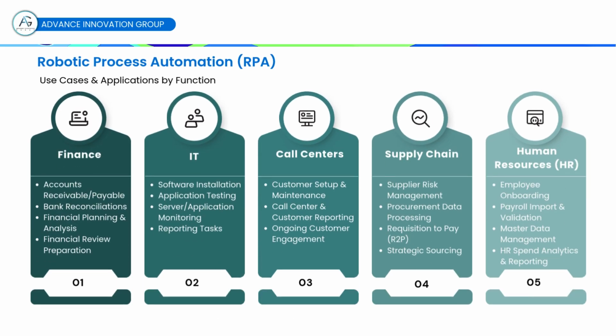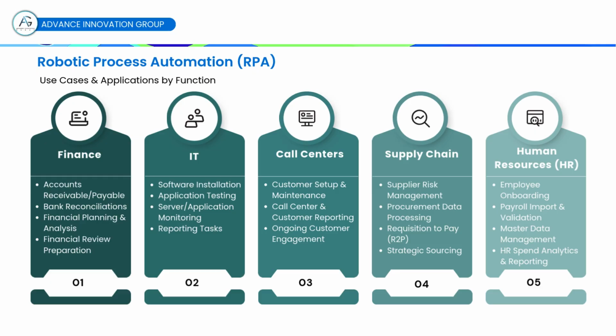Common traits of RPA-compatible processes. Let's identify what makes a process suitable for RPA. 1. Highly transactional. Processes with frequent high-volume transactions. 2. Time-consuming. Manual, repetitive steps that drain resources. 3. Highly scalable.